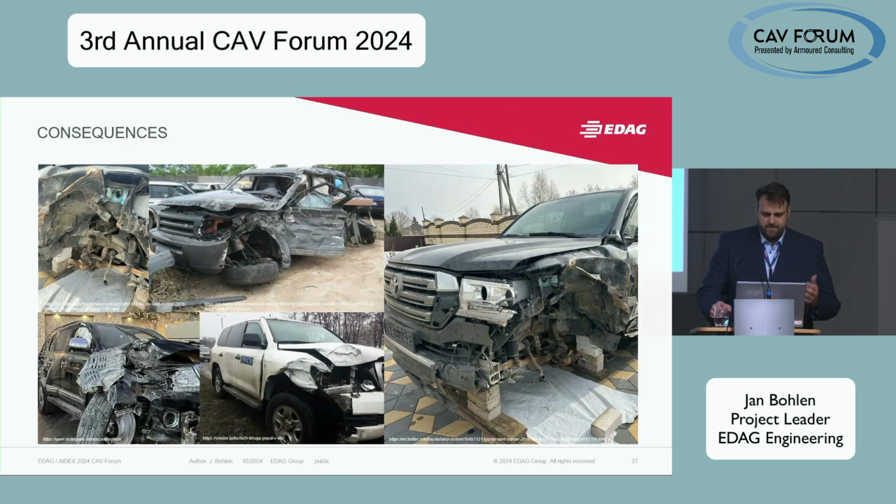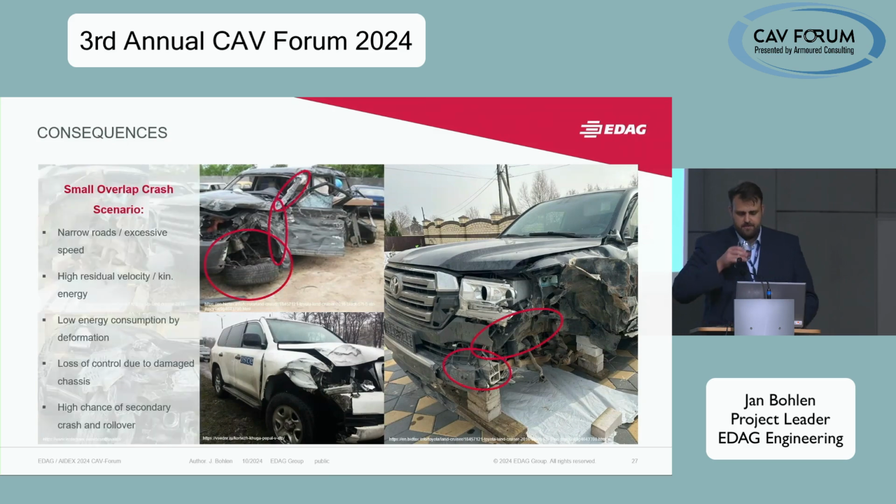So now, leaving the rollover crashes and moving into the small overlap crash scenario. The small overlap crash scenario often occurs on narrow roads at excessive speeds. You have a high residual energy or velocity left, since you have very low energy consumption during deformation.